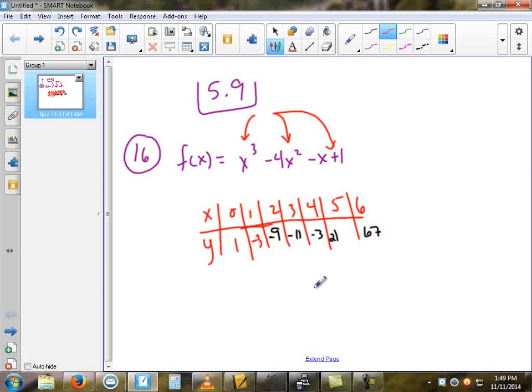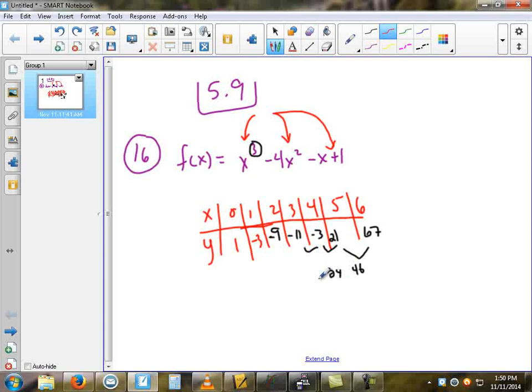And the way that we do this now is we're going to validate that it's a cubic. I know that you may say, well, I already can tell it's cubic, but how would we know that if we just had the data? We want to validate this idea, so we take the y values, 67 on the right, and subtract the one on the left. 67 minus 21 is 46. 21 minus negative 3 is 24.